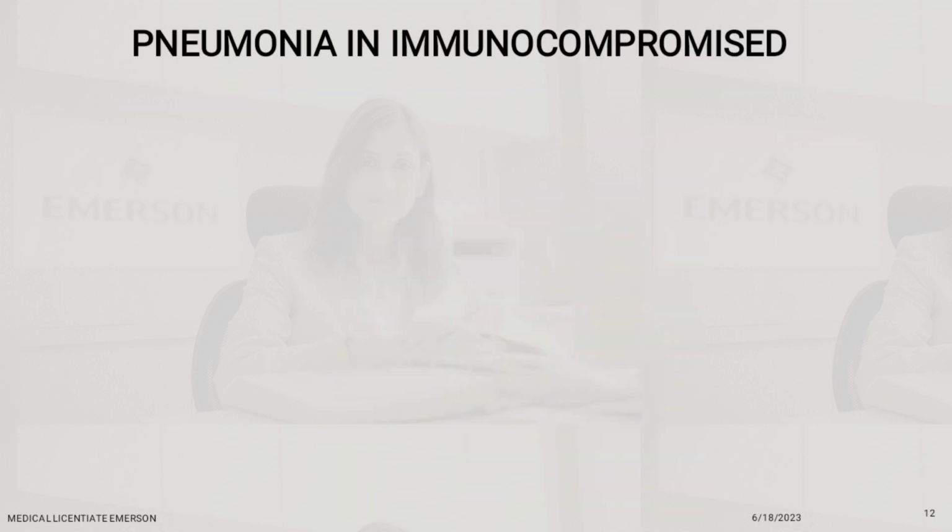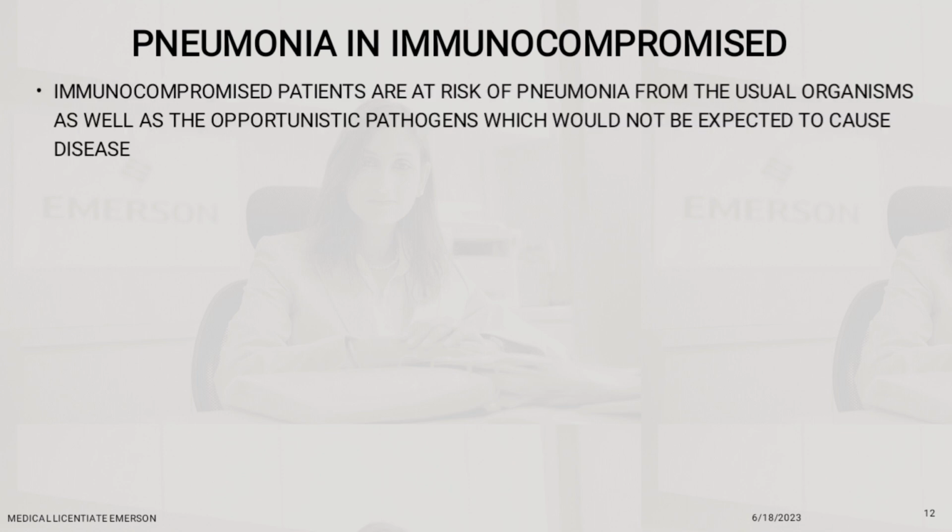Then we can also talk about pneumonia in immunocompromised hosts. Immunocompromised patients are at risk of pneumonia from the usual organisms as well as opportunistic pathogens, which would not be expected to cause the same disease.